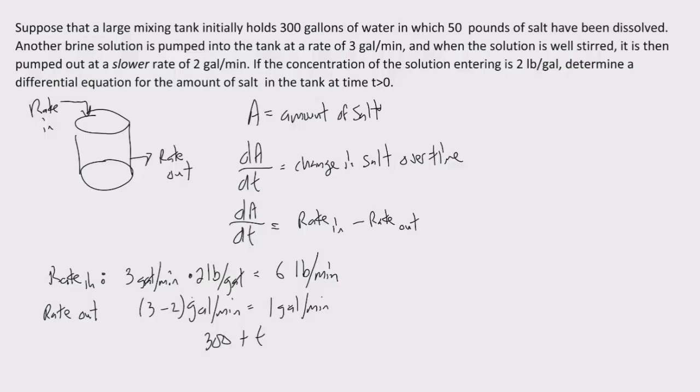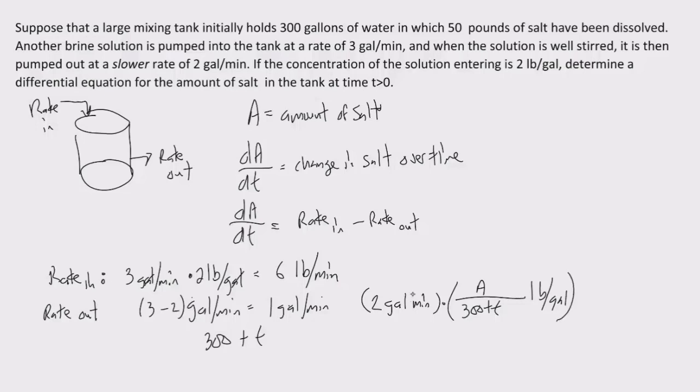So we said the amount of salt was A, and the volume over time is 300 plus t. That would mean our rate going out is the 2 gallons per minute that we have the valve set on, times the concentration A over 300 plus t pounds per gallon.